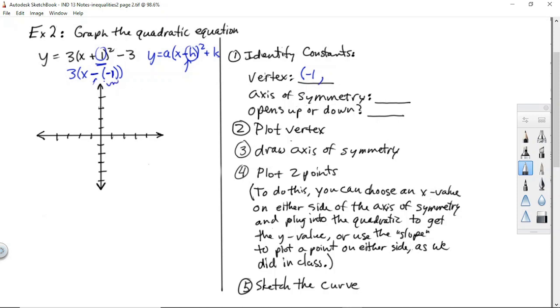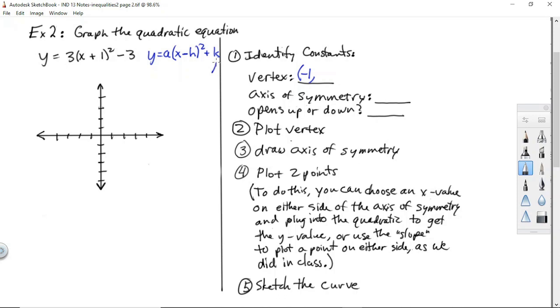Okay, so let's go ahead and write that in. And the y coordinate of the vertex is k, right?